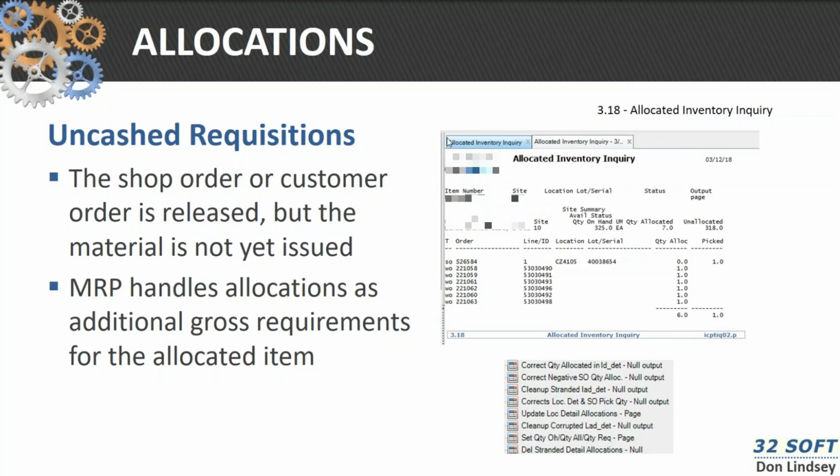And you can see uncashed allocations in QAD in menu 13.8. There are also a number of utilities that QAD gives you to help manage those allocations. Sometimes allocations get hung up, so you can look at the LDD or the LADD tables and clean up those allocations.